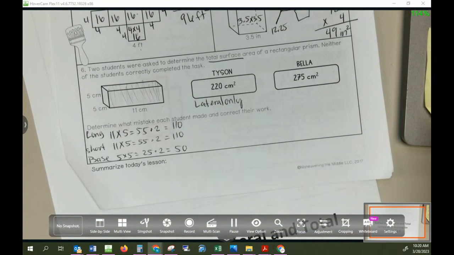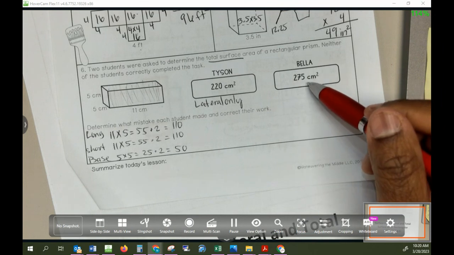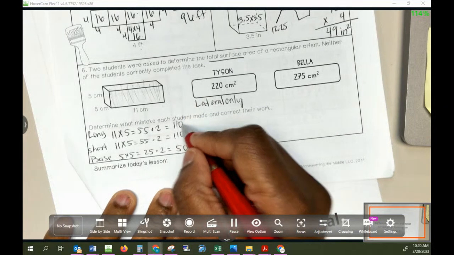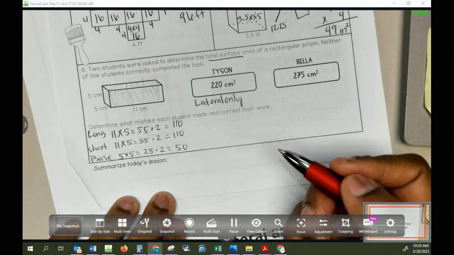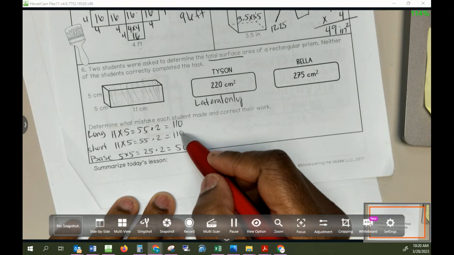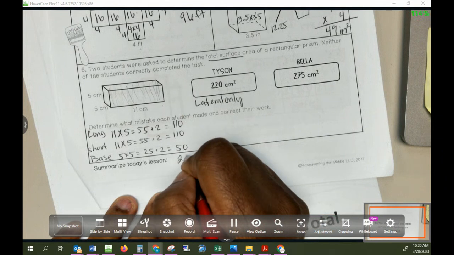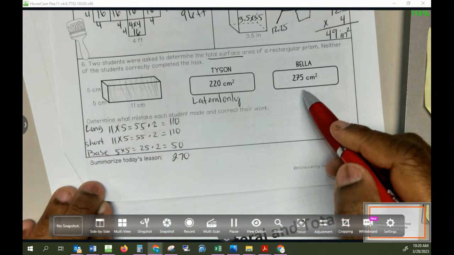And what did Bella do? What can we figure out that Bella did wrong? Because what would our total surface area be here? What answer should we be looking for? 270. Okay, so we should be looking for 270, but that's not what Bella got. So let's try something else.